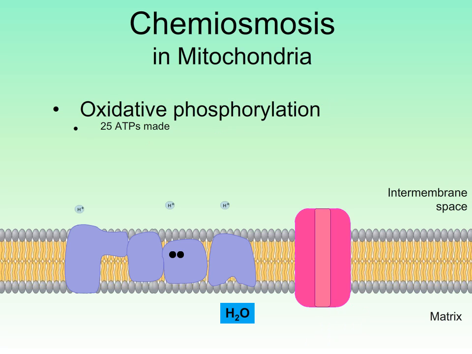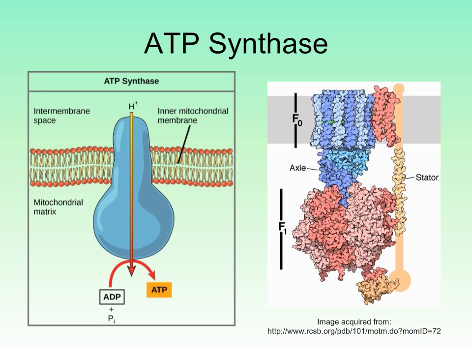This process of making ATP is known as oxidative phosphorylation, as ATP is produced due to the oxidation of NADH and FADH2 in the ETC. A maximum of 25 ATPs can be generated this way. The flow of protons actually causes ATP synthase to rotate. This movement allows the F1 unit of the enzyme to phosphorylate ADP to form ATP.